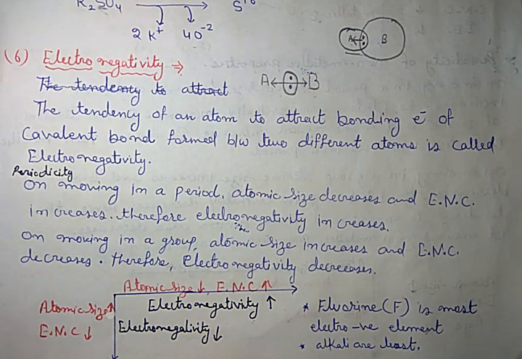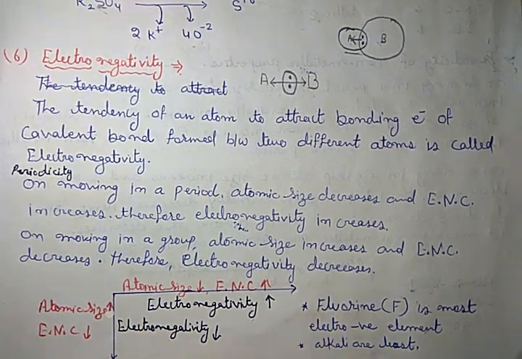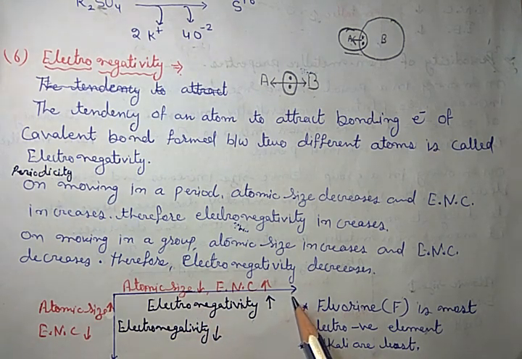Hence, the electrons will experience more force, or we can say that atoms will have more tendency to attract the bonding electrons. So we can say that the electronegativity of these atoms will be greater.